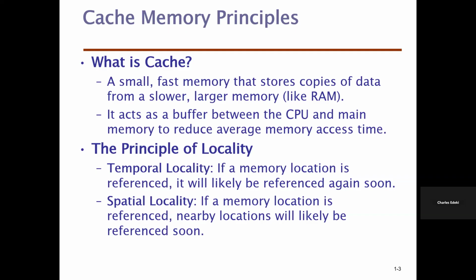When a block of data is fetched into a cache to satisfy a single memory reference, it is likely that there will be future references to that same memory location, or at least to other locations close to it in the block, very close.